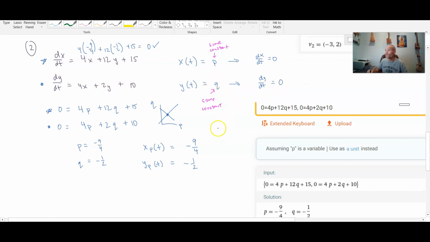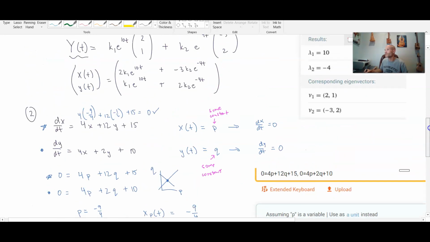So now I'm going to piece these together. My final x of t and my final y of t is going to be the x homogeneous solution plus the x particular solution, and y homogeneous plus y particular of t. Well, what was x homogeneous?